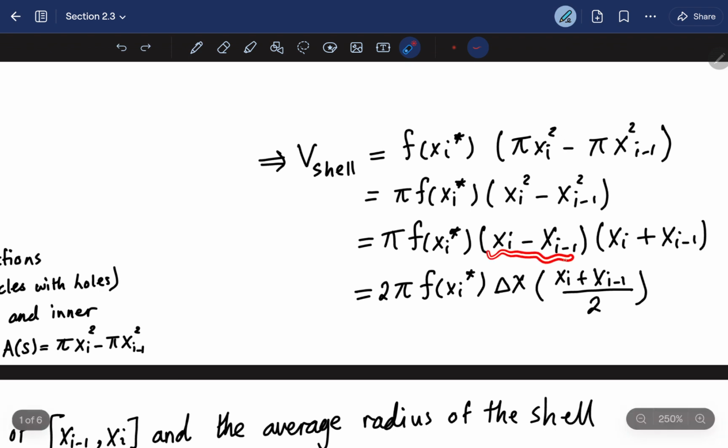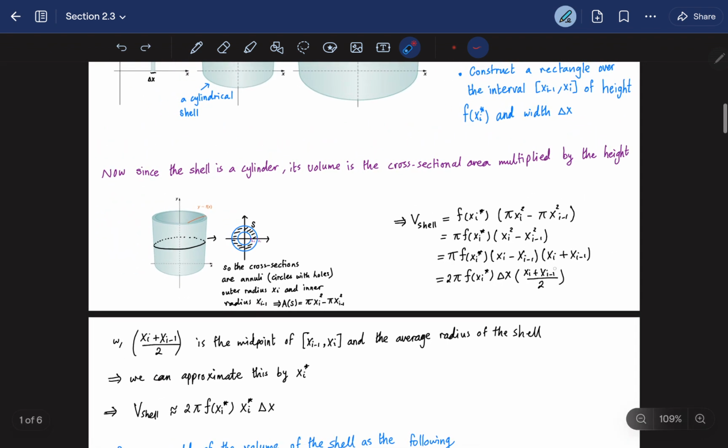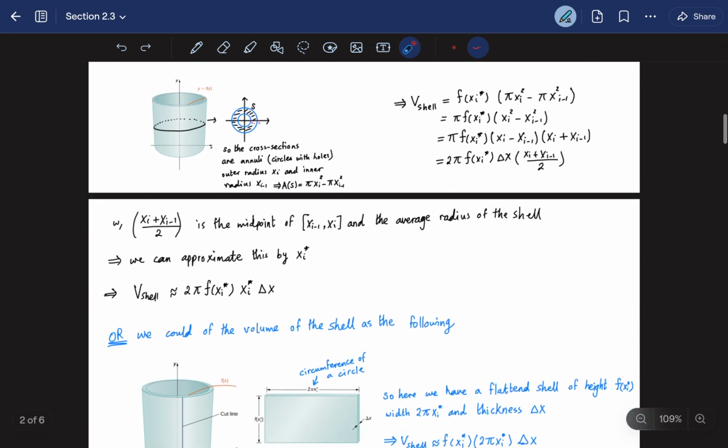Now my x i minus x i minus 1, this is just delta x from the definition. Now the reason why I wanted to have divided by 2 here, because if you remember, this is the formula of a midpoint of a certain interval. So this thing is just a midpoint of this subinterval, and it's the same as the average radius of the shell.